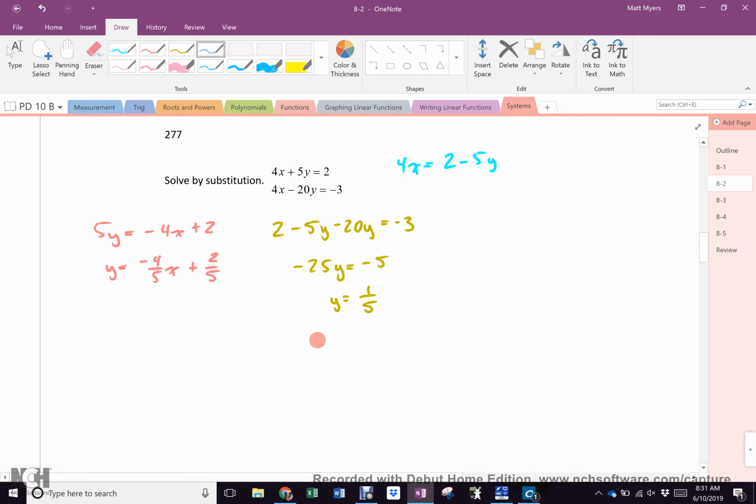So I would end up with 4x plus 5 times 1/5 equals 2. 4x plus 1 equals 2. 4x equals 1. X equals 1/4. Which would get me 1/4, comma, 1/5.